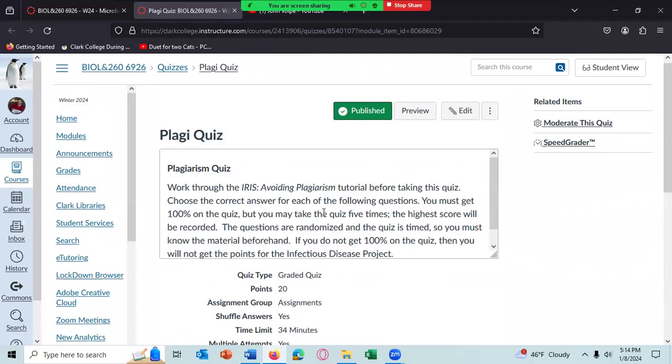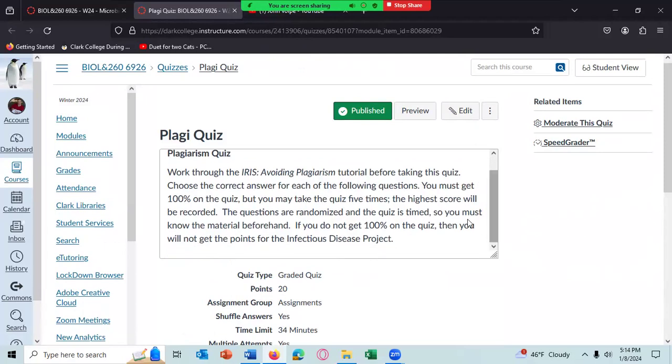This quiz will be covering the plagiarism tutorial. So you have to take the tutorial first, and then this quiz, you have to get 100% on this quiz, or else there's a 100-point infectious disease project, which I'll talk about later. If you don't get 100% on the plagie quiz, then you get 0 points on the infectious disease project instead of up to 100 points.